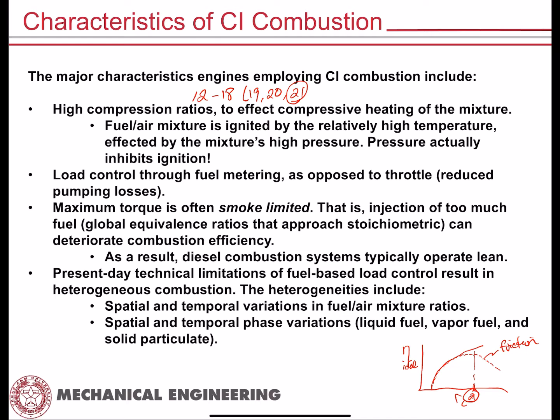The higher the pressures, the higher those forces, and therefore the higher the friction losses. And so your actual efficiency will start to decrease as you raise compression ratio higher and higher. Your in-cylinder thermodynamic efficiency may continue to increase, but your brake efficiency is eventually going to start to decrease, right? So generally speaking, engines are practically operating in the range of 12 to 18 for high compression ratios, right?